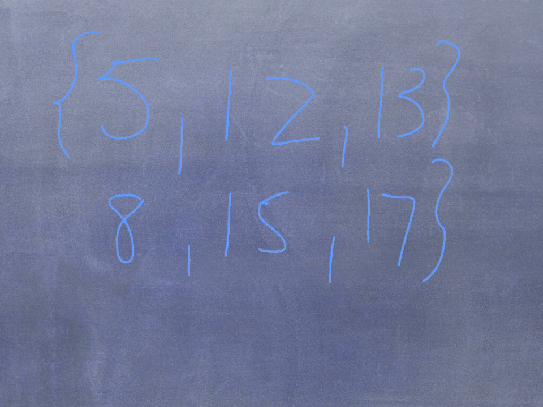Do you know any other common Pythagorean triples or triads? Here's a few that you should know. 5, 12, 13. 8, 15, 17. 7, 24, 25.